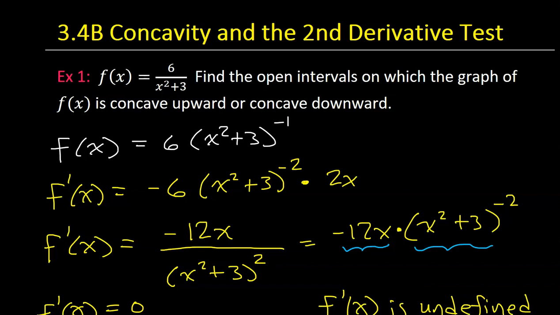So here's the original function, and we know that the x value is 0 for my relative max. So if I substitute 0 right here, that's going to give me f of x is equal to 6 over 3, which is simply 2. Okay, so my relative max should be at the point 0, 2.